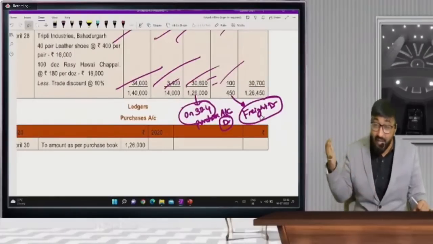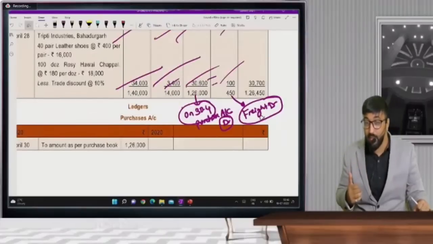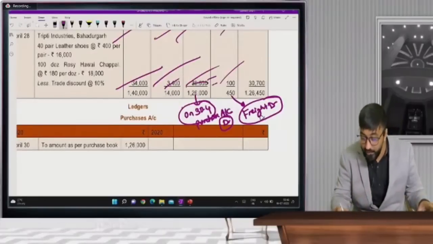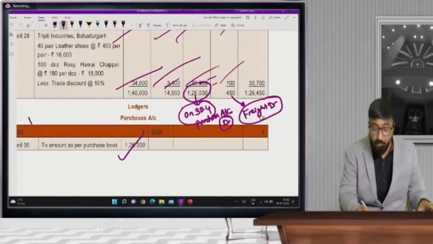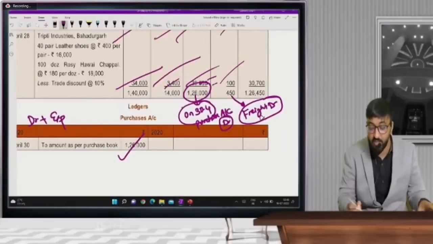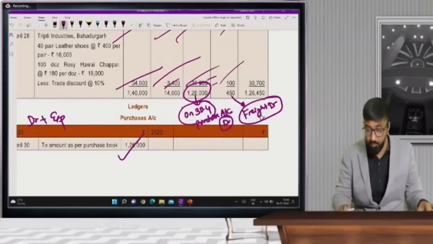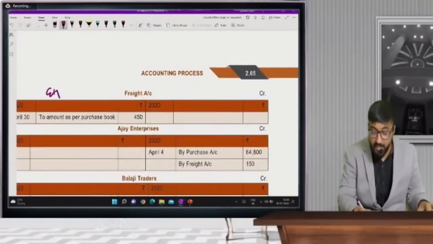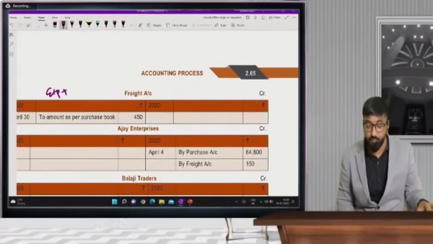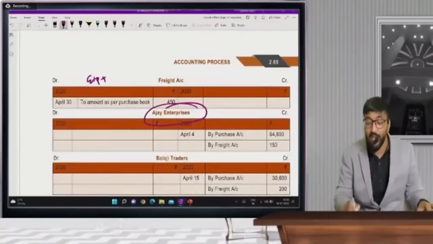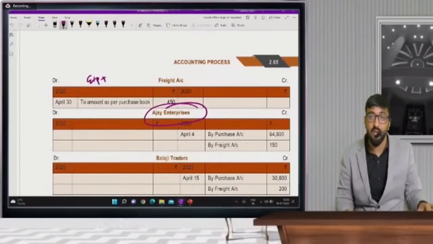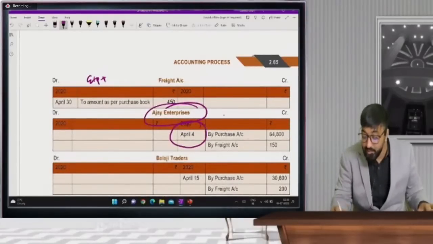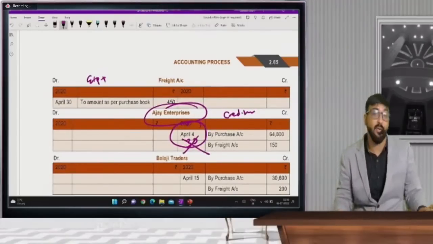You can directly take the total in purchase account, yes, 1,26,000 on the debit side. Purchase means expense on the debit side. Freight is also expense on the debit side. And in Ajay Enterprises, you will take date wise because he is our creditor, not on 30.